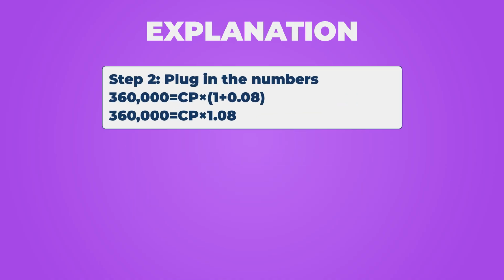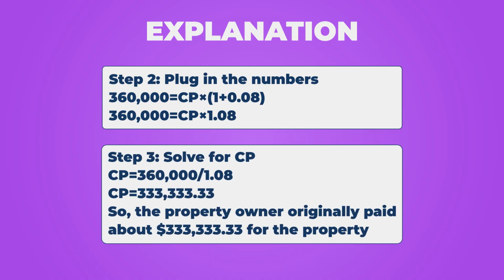Step 2, plug in the numbers. 360,000 equals CP times 1 plus 0.08. 360,000 equals CP times 1.08. Step 3, solve for cost price. CP equals 360,000 divided by 1.08. CP equals 333,333.33. So the property owner originally paid about $333,333.33 for the property.